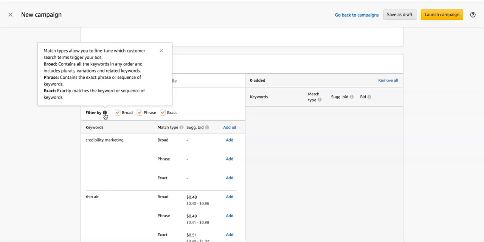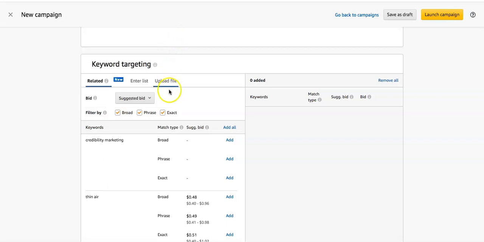I find those two to be kind of hard to figure out. Not hard to figure out. Phrase contains it. So if your keyword is steamy romance novel, and somebody puts in 2019 steamy romance novel, that would be phrase match, because it contains that phrase, but it's not just that phrase. Whereas the exact match exactly matches that.